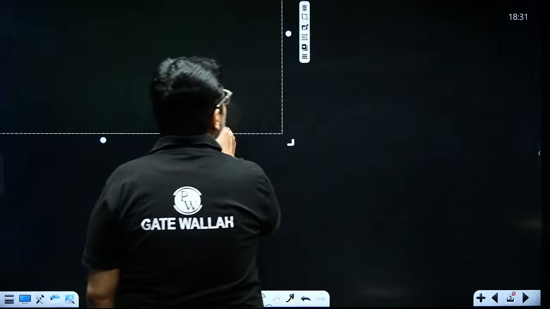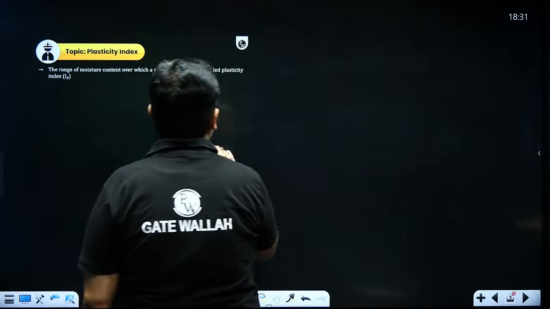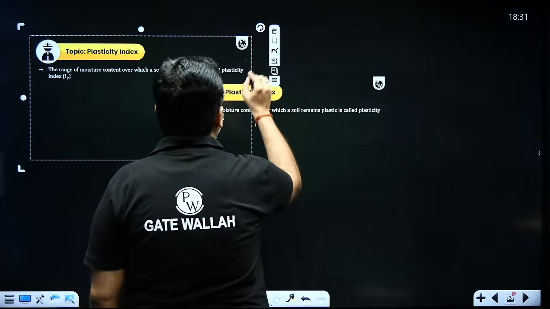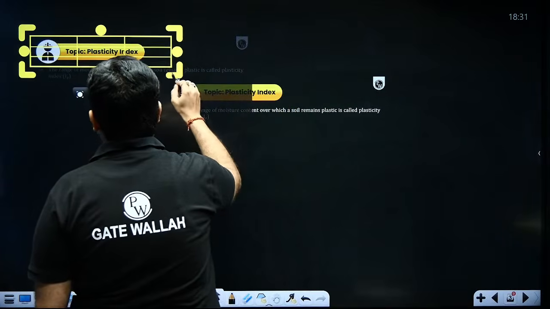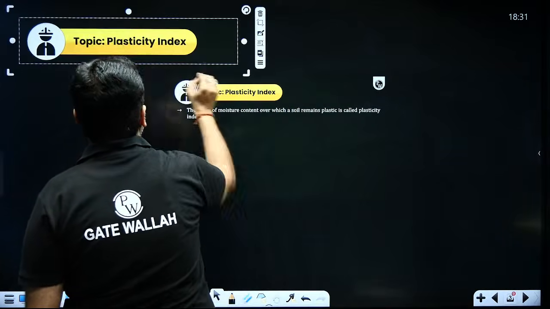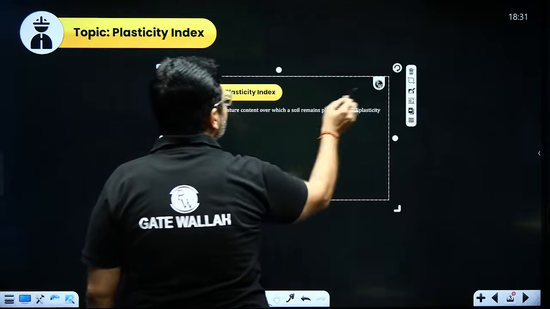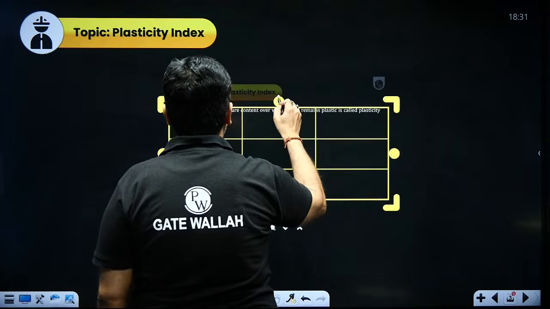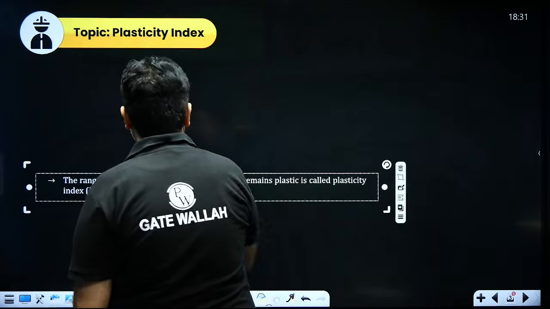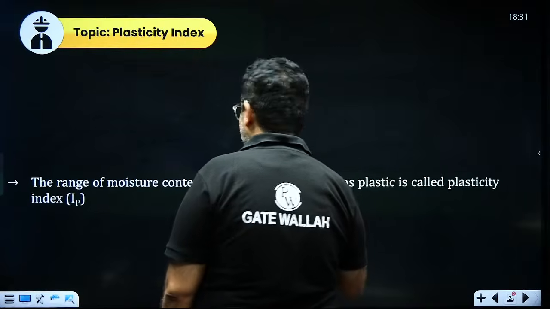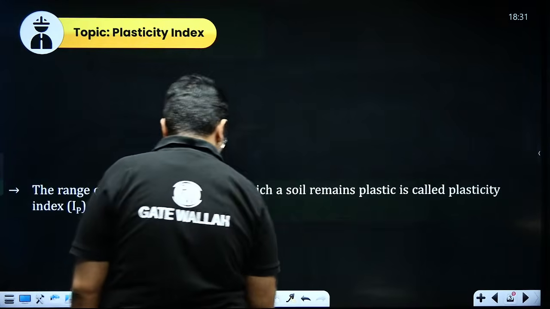Now, see what is the plasticity index of soil. How is IP of the soil defined?